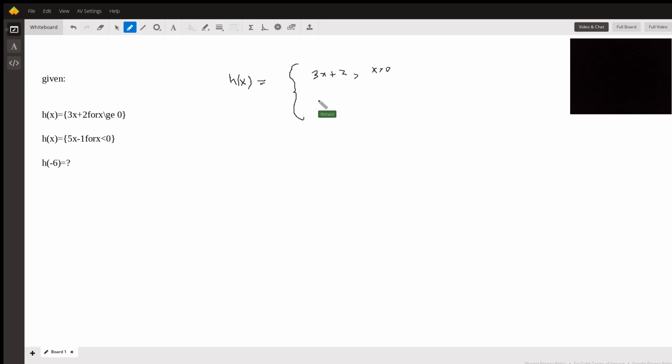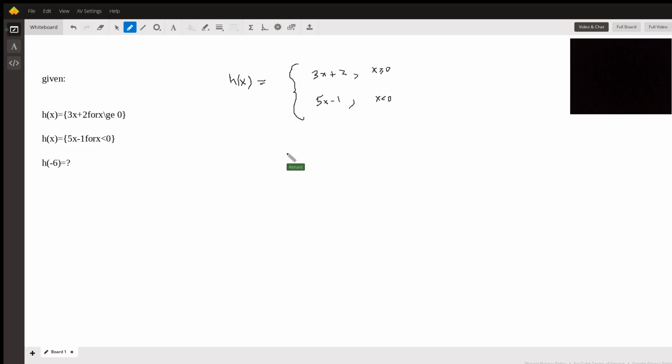And h of x is 5x minus 1 when x, so I missed that, equal then. Here we go. And then this is when x is less than 0.